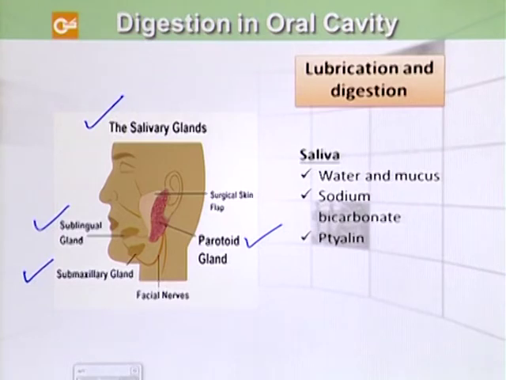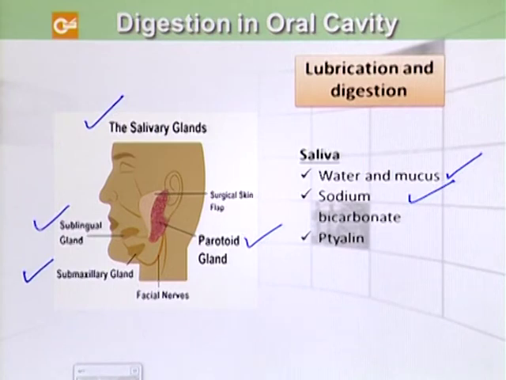Saliva in turn consists of three components. Number one is water and mucus, and it helps in the softening and lubrication of food. And then there is sodium bicarbonate, which is actually antiseptic, and its function is to stabilize the pH of the food.